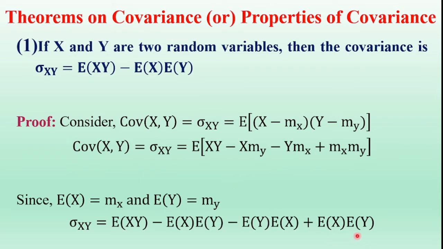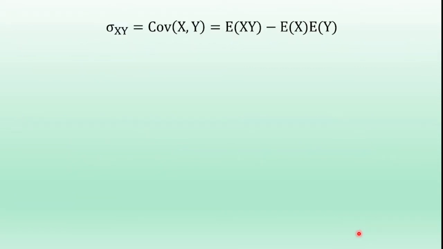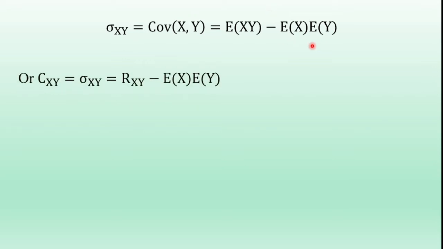So that is expectation of x, expectation of y. On the RHS, minus expectation of x, expectation of y plus expectation of x, expectation of y cancels. The remaining RHS term is covariance of x comma y is equal to expectation of xy minus expectation of x, expectation of y. So this is the first property proof.